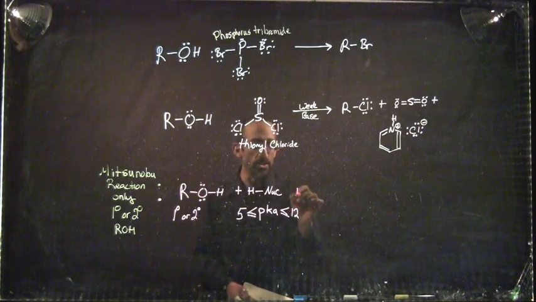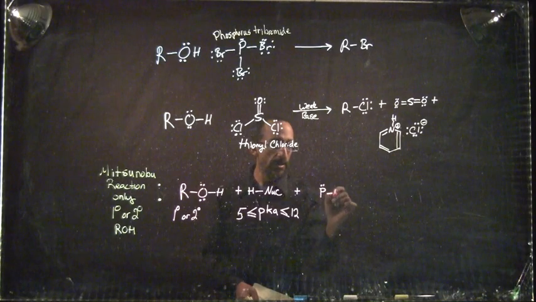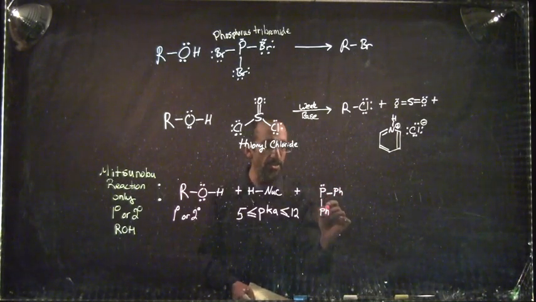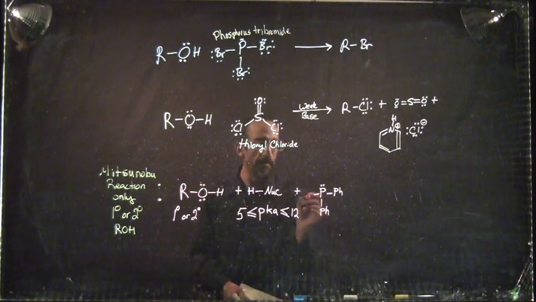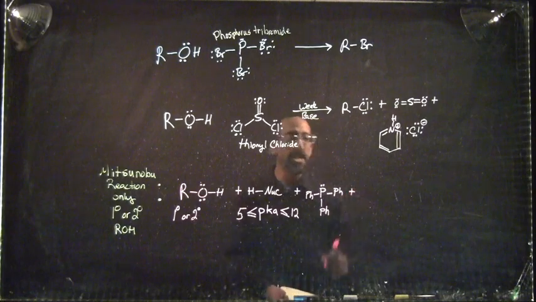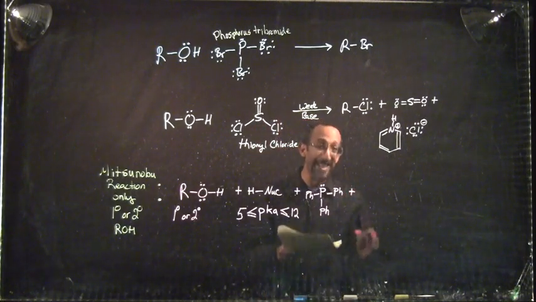And then we use two other reagents in this reaction. We also need triphenylphosphine. Again, remember that Ph is the abbreviation for a phenyl ring. So we use triphenylphosphine plus a reagent that we call DEAD. And yes, we literally call it DEAD.